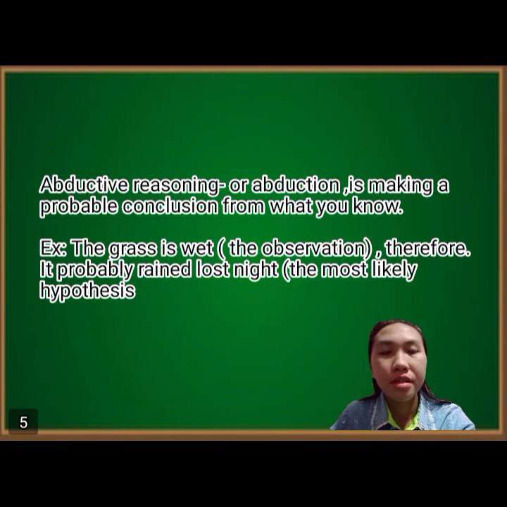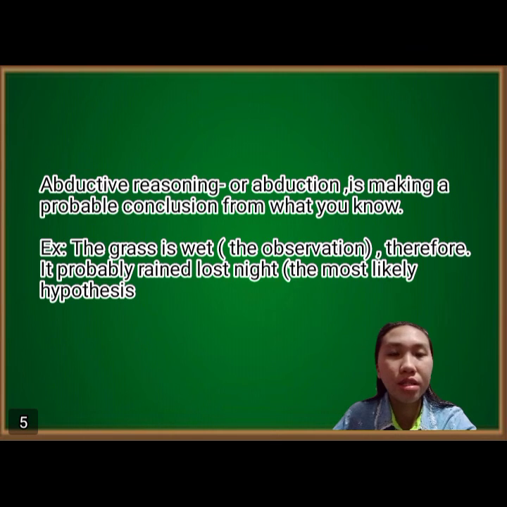The third type of logical reasoning is abduction, or abductive reasoning. When we say abductive, it is making a probable conclusion from what you know. Examples: the grass is wet.